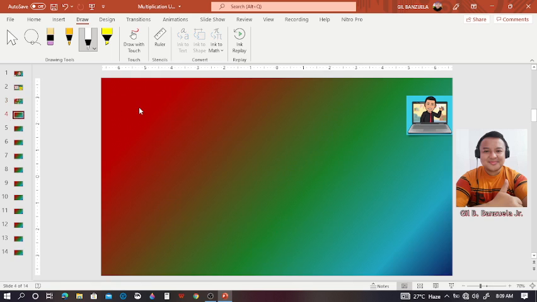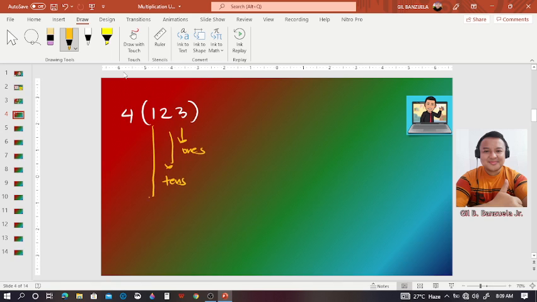So, let's try hundreds. Supposing I have 4 multiplied by 1, 2, 3. Again, recall: ones place, tens, hundreds.